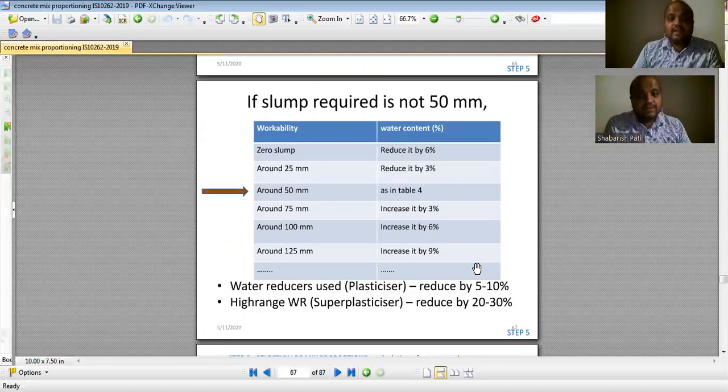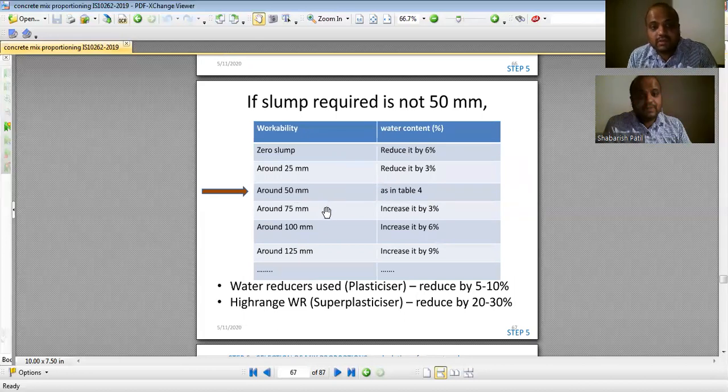This is again the tabular column which is being written out of the wordings given from IS 10262. So what is being standardized here is, if I want a workability of around a slump of 50 then I'm supposed to use the value which is given in table number 4.